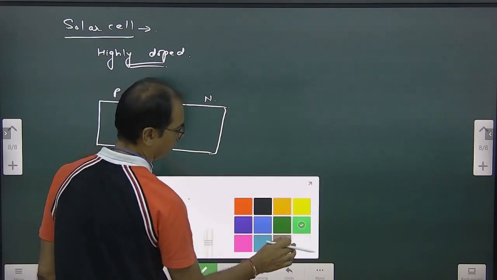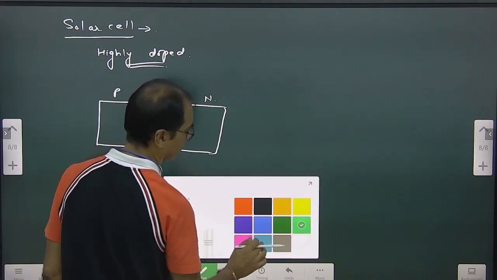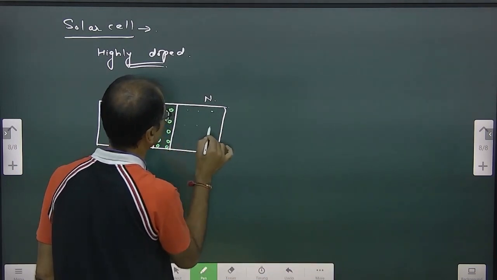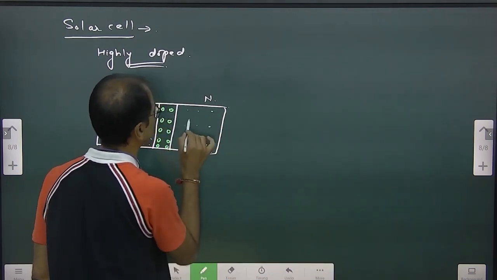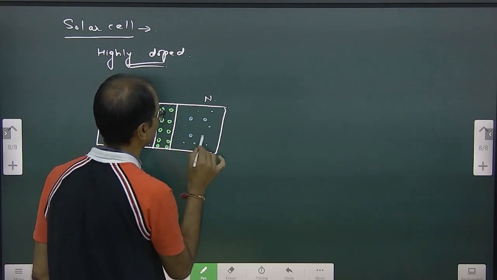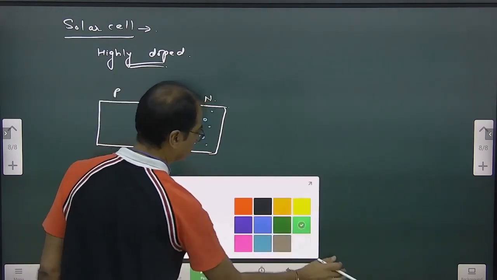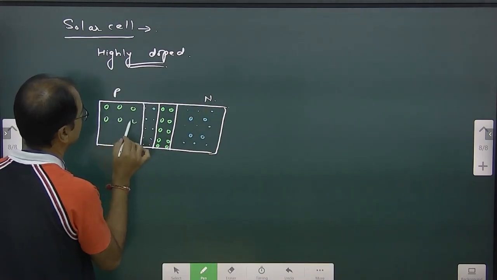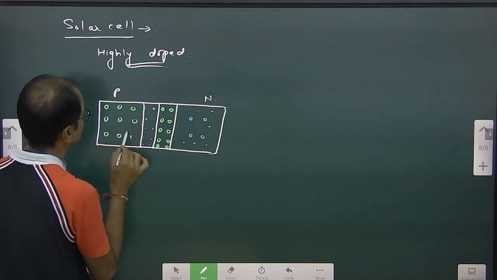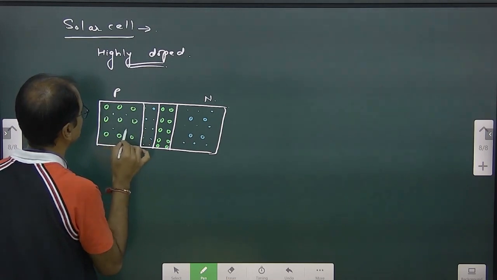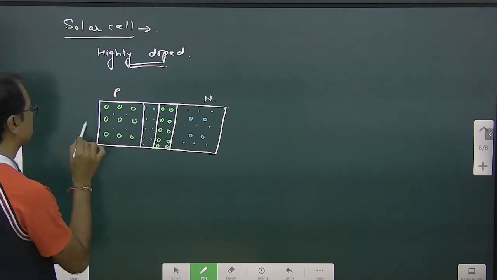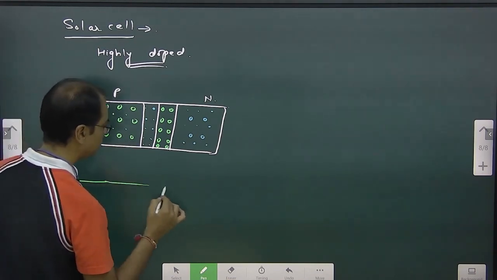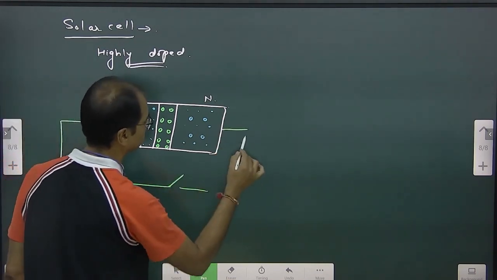Then we have in general our electrons and holes. First we'll have open circuit.